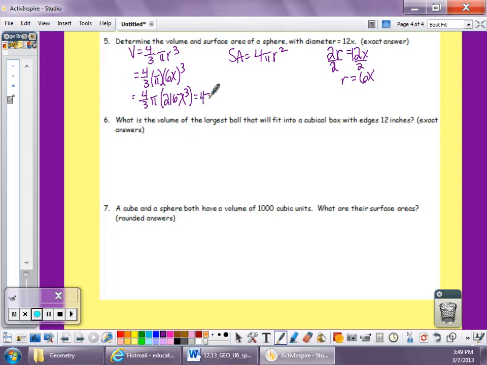So this will give me 4 pi times 72x cubed, which is 288x cubed. So now I'm going to do the surface area, which is 4 pi times 6x squared.